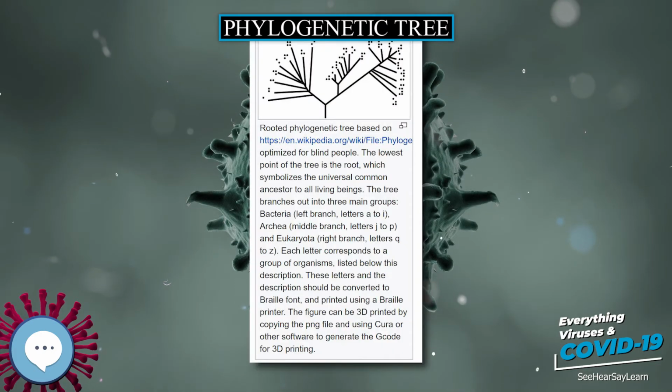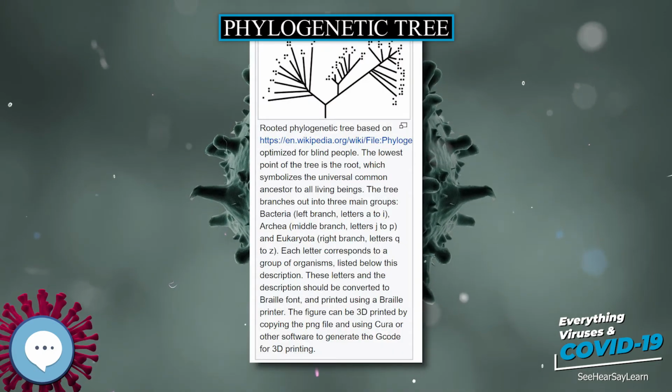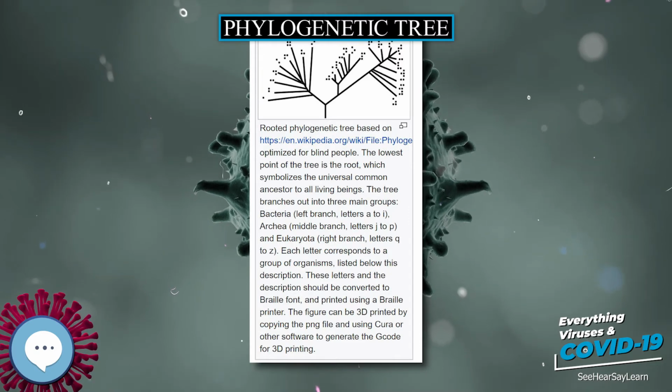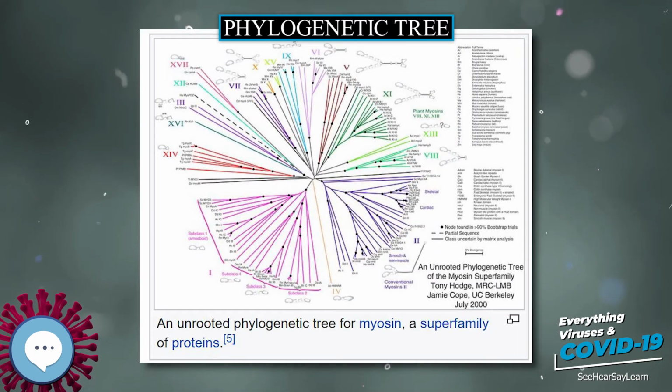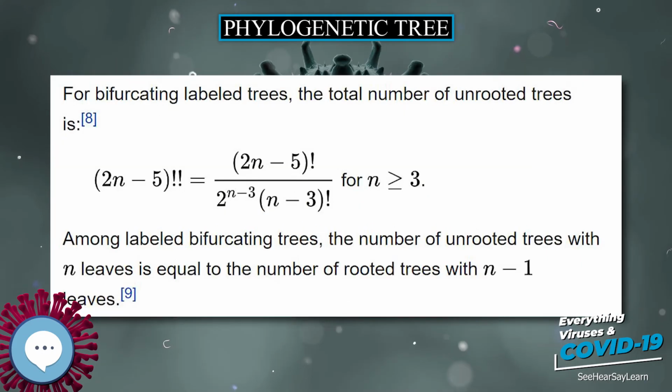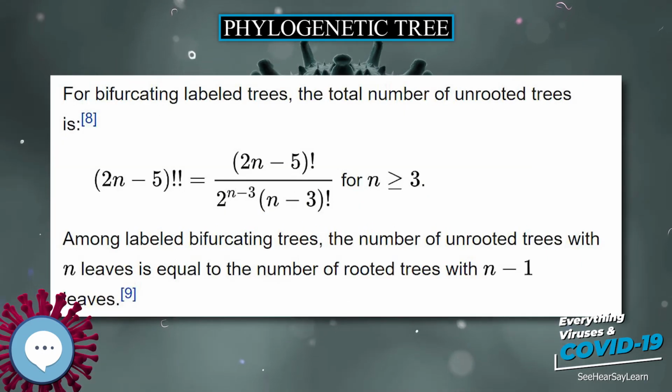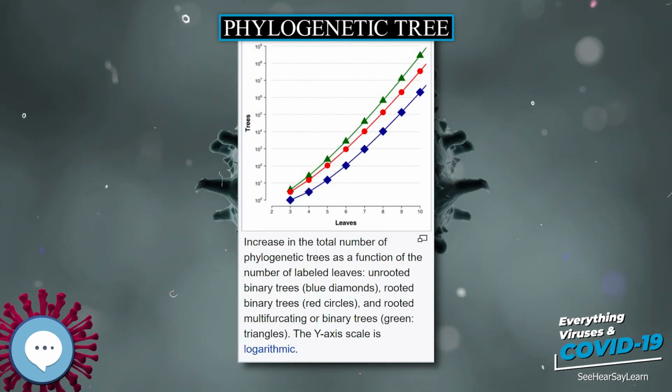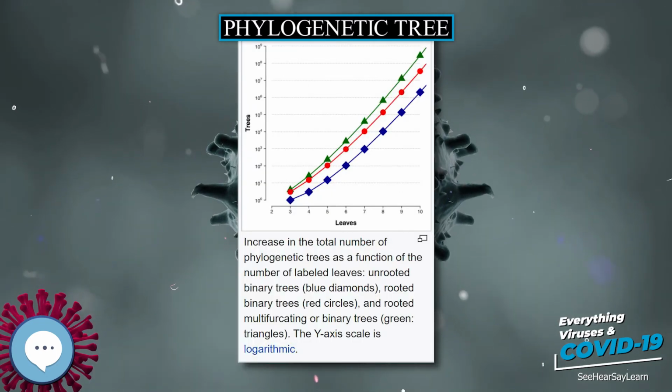In contrast, a rooted multifurcating tree may have more than 2 children at some nodes and an unrooted multifurcating tree may have more than 3 neighbors at some nodes. Labeled versus unlabeled. Both rooted and unrooted trees can be either labeled or unlabeled. A labeled tree has specific values assigned to its leaves, while an unlabeled tree, sometimes called a tree shape, defines a topology only.